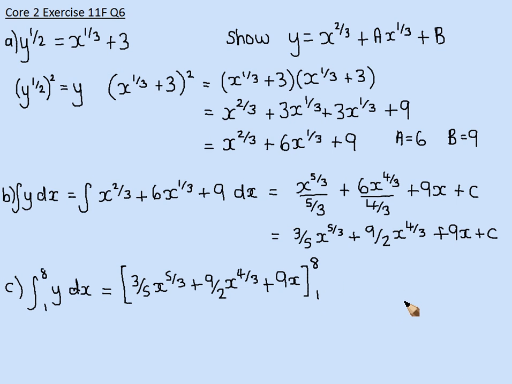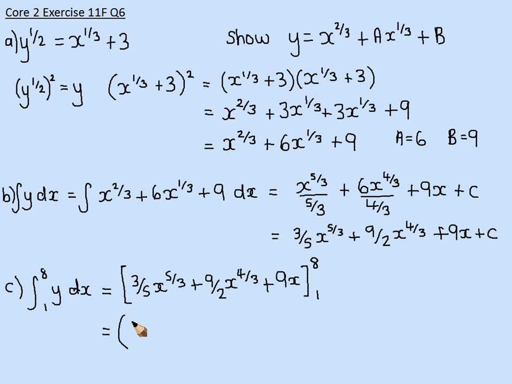Now at this point I'd reach for your calculator because I don't know off the top of my head what 8 to the power of 5/3 is. Alternatively, without a calculator, you could find the cube root first and then take that to the power of 5. So we'll have a go. When I substitute 8 in, cube root of 8 is 2. 2 to the power of 5 is 32.